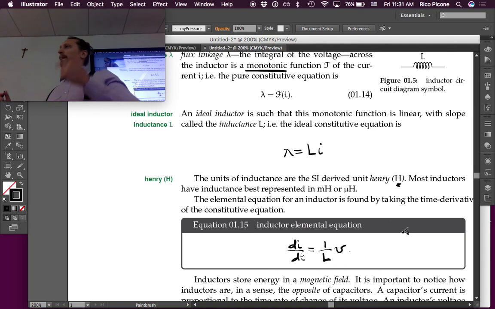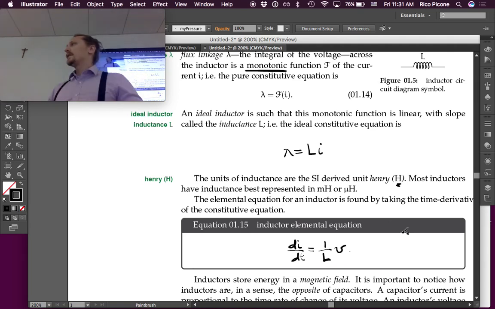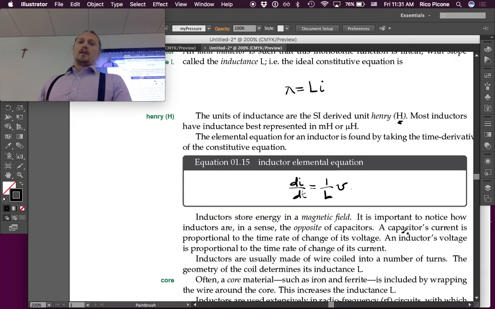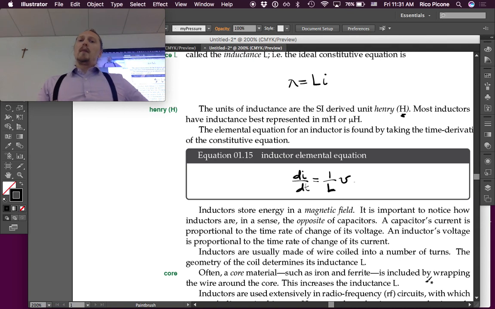Our elemental equations for each element just relate the current and the voltage. For the resistor, V equals IR. For the capacitor, dV dt is equal to 1 over C times I. And now for an inductor, di dt is equal to 1 over L times V. Inductors store energy in a magnetic field.